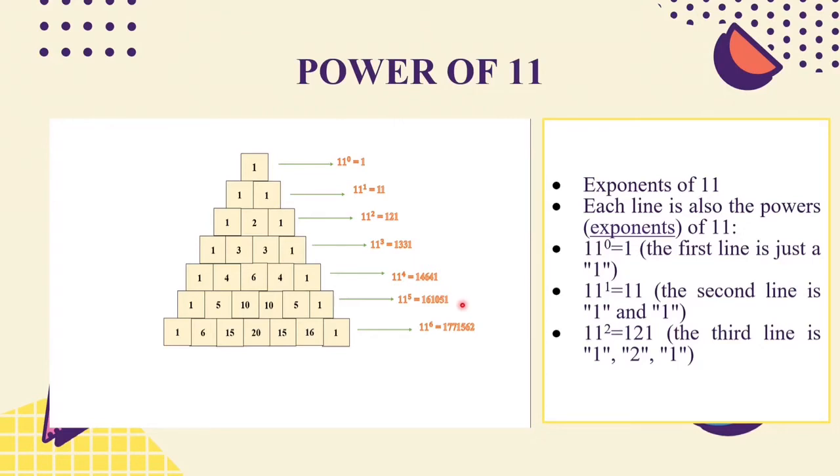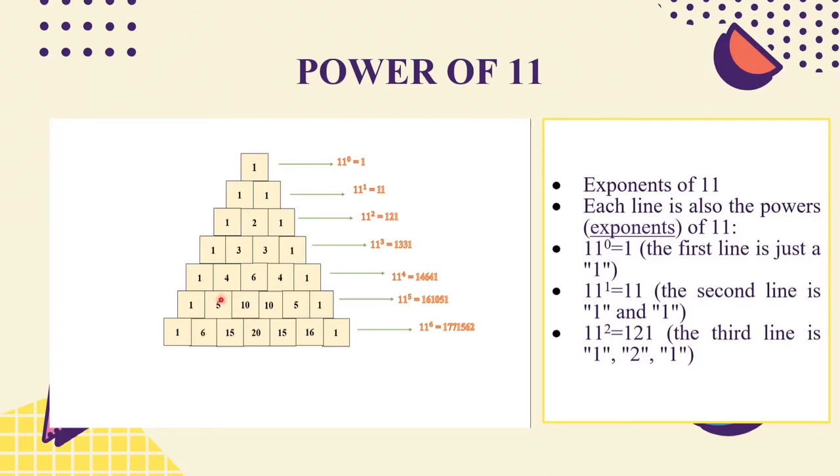Then 11 to the 5th is equal to 161,051. So, how does that happen? Simple. The digits just overlap. As we can see, we have here a 10. If we carry each of them, then this one will become 0, and this one will become 11.